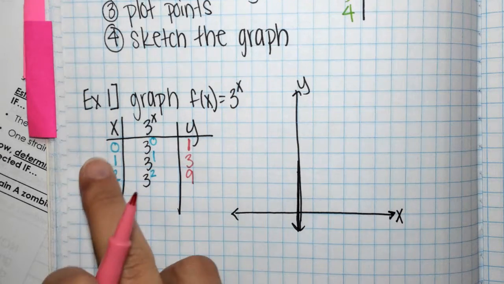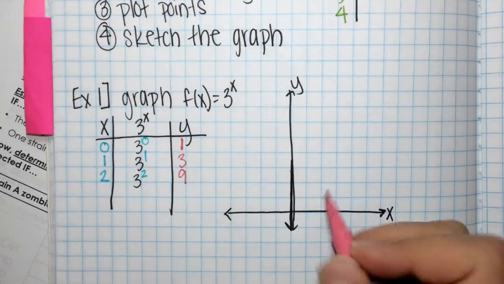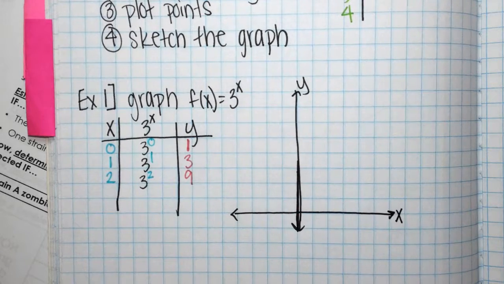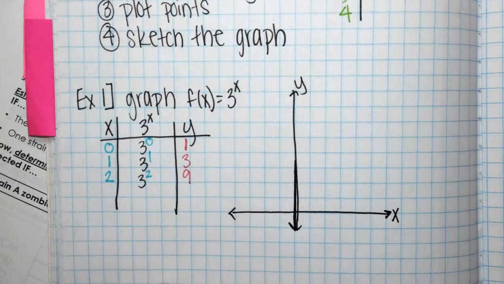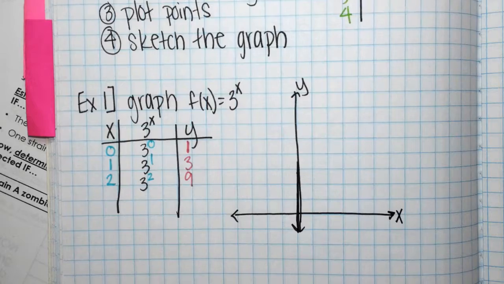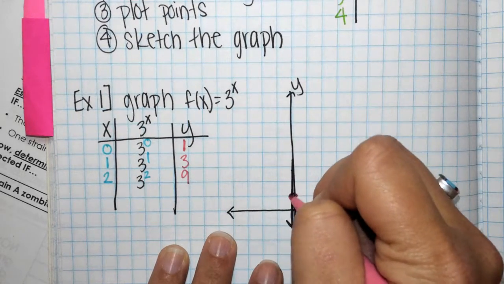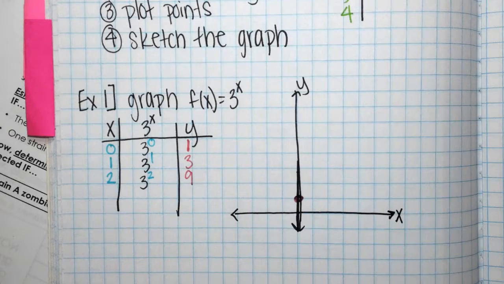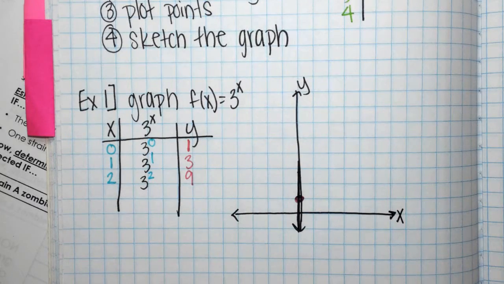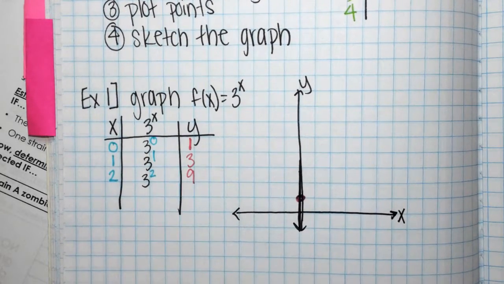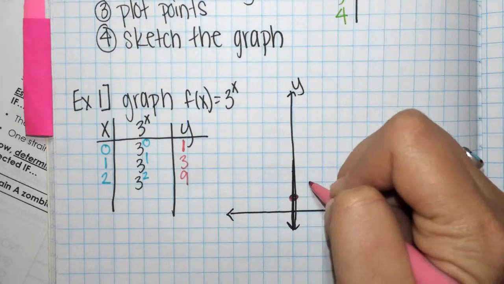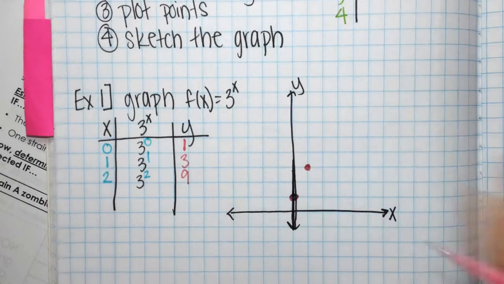All right, so at 0, when x is 0, this is our x-axis, what is our y value? 1. Good. Take a point. So we start at 0, we go up 1, we put a dot. When x is 1, what's our y value? So we're going to go up 1, 2, 3.